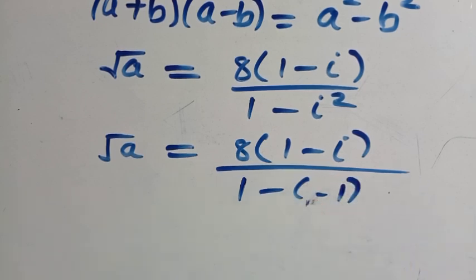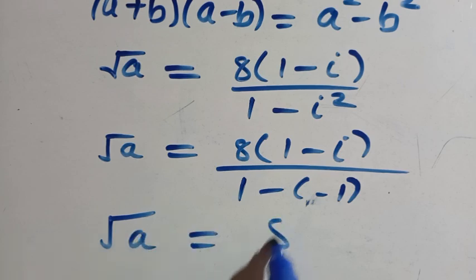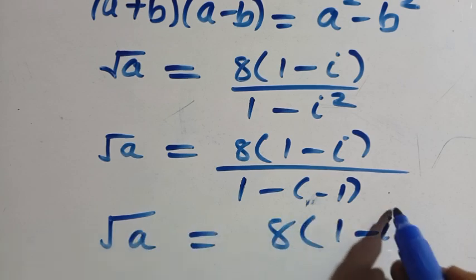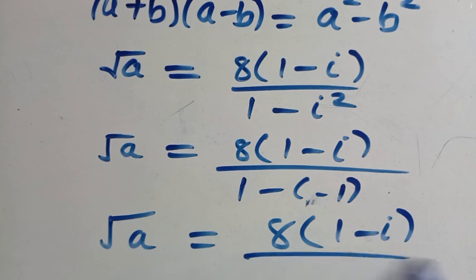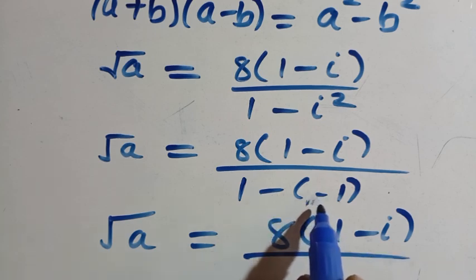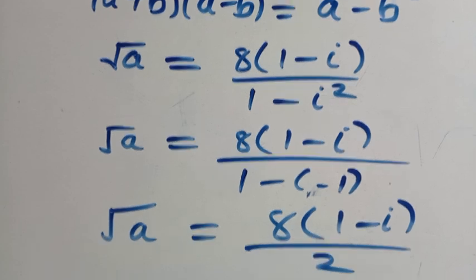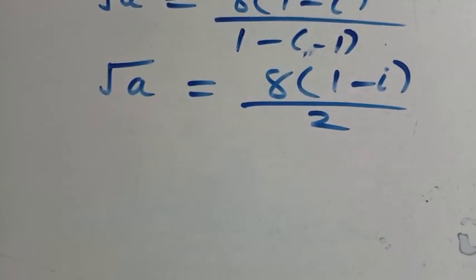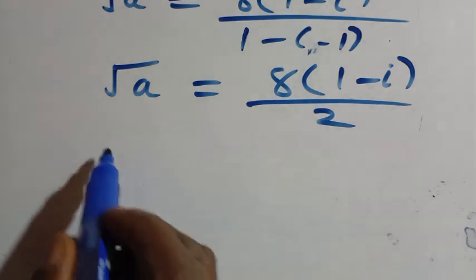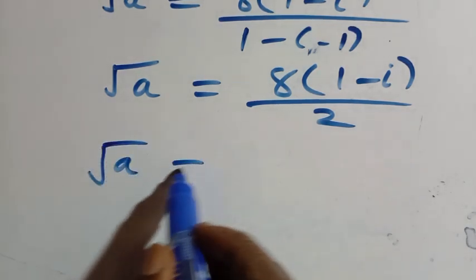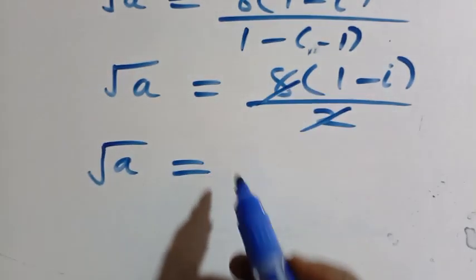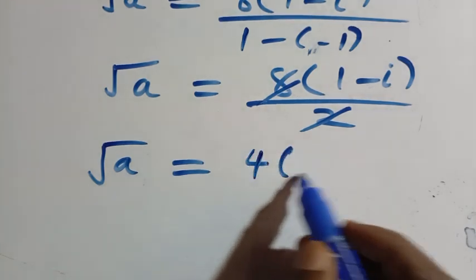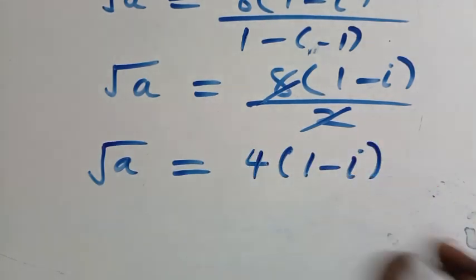So we have this as square root of a equals 8 into bracket of 1 minus i divided by, so minus times minus, that is plus, then 1 plus 1 we get 2. And from this expression, we are going to have the square root of a equals, 2 will go in 8, and that gives us 4 into bracket of 1 minus i.